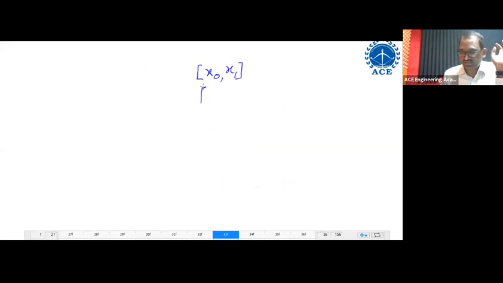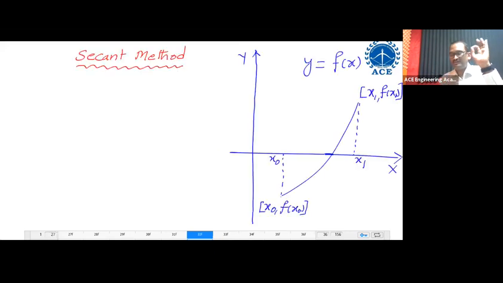First secant line should be drawn passing through x0, x1. Next secant line should be drawn passing through x1, x2. Next secant line is drawn passing through x2, x3. Sequence only: x0, x1, x1, x2, x2, x3, and so on.